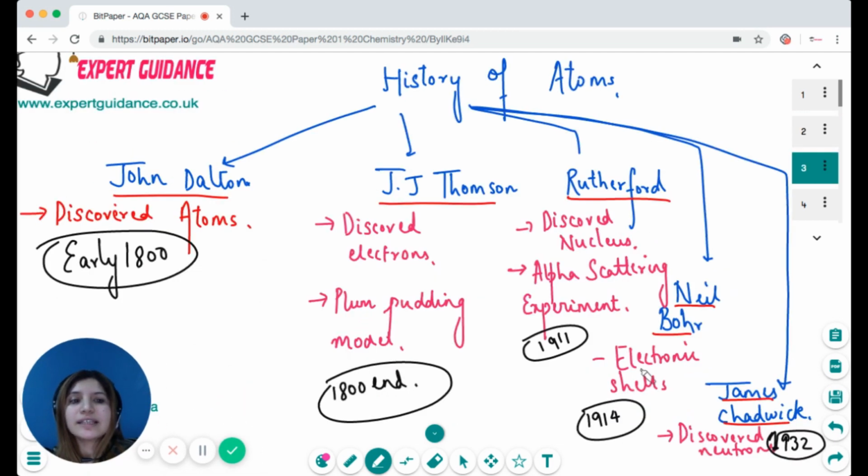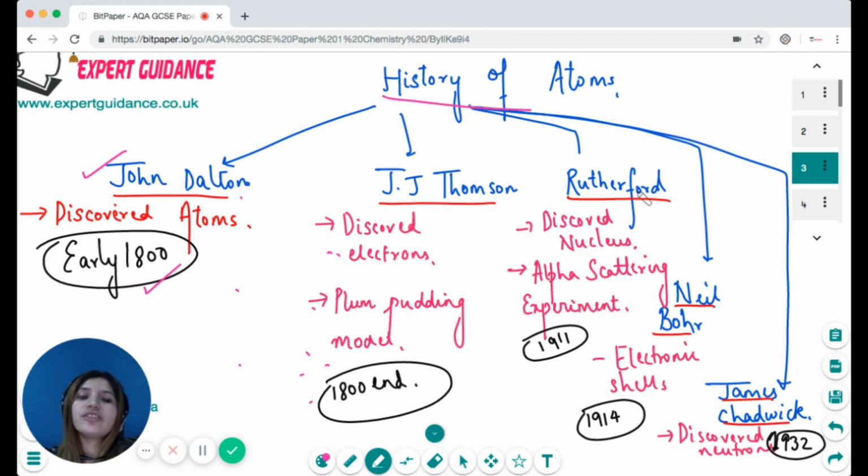Okay, so let's begin. Now, when we talk about the history of the atoms, there are 5 major scientists whose names you should remember and what contribution they made in the discovery of the atom. The first one was John Dalton, who gave the idea of atoms in the early 1800s. Then came J.J. Thomson, who discovered electrons after Dalton, and he gave the plum pudding model of the atomic structure.